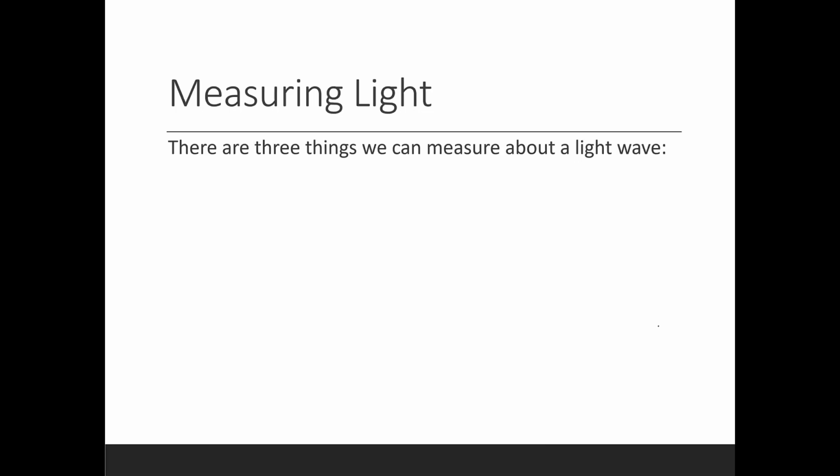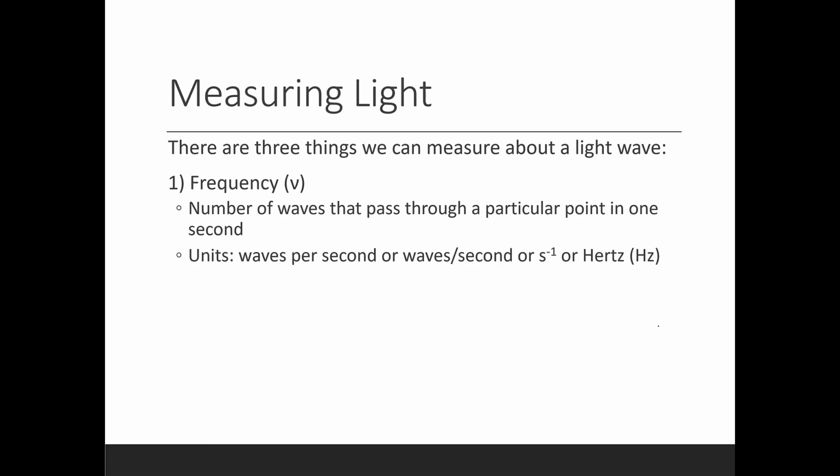There are 3 things that we can measure about light. In addition to wavelength and amplitude, we can also measure frequency. Frequency is the number of waves that pass through a particular point in 1 second.